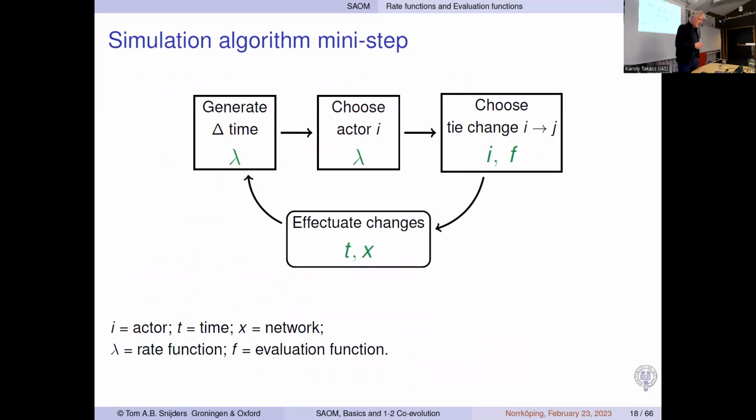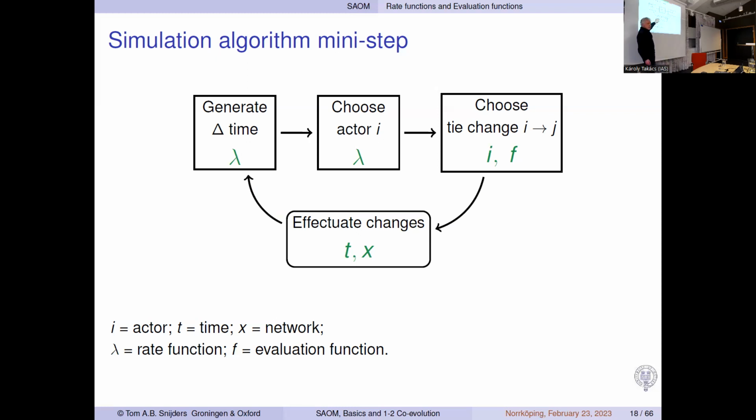So schematically, the model step, the mini step, can be pictured like this. A time increment is generated, then an actor is chosen who makes the mini step dependent on the rate functions. Then if this actor is chosen, the actor chooses the option to choose.